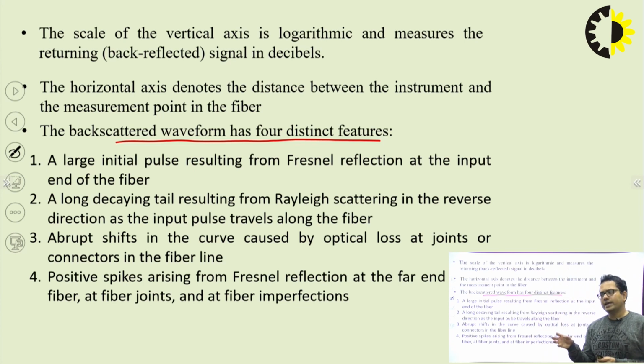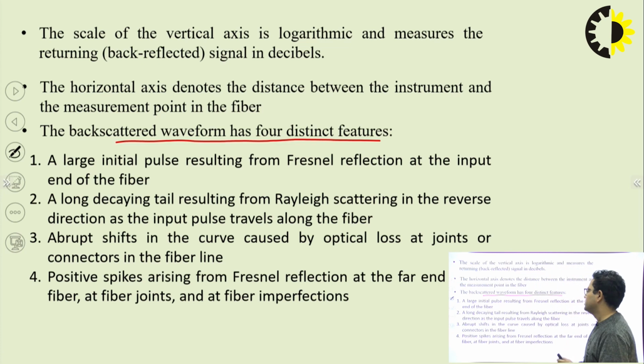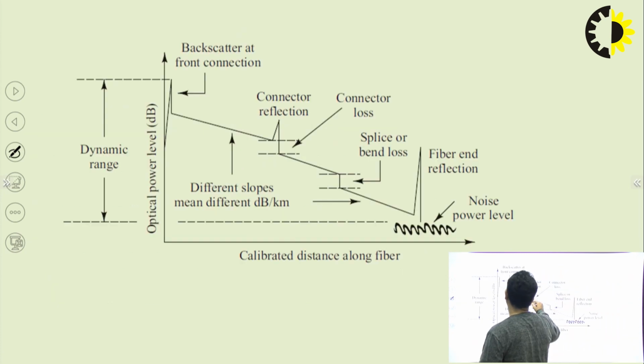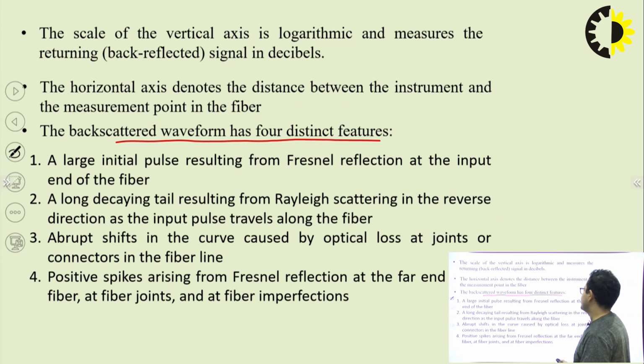That loss can easily be determined by using an optical time domain reflectometer. So this point is showing the abrupt shift, this one. This abrupt shift in the power level is because of the optical loss occurring at the joints and at the connectors in the fiber line.